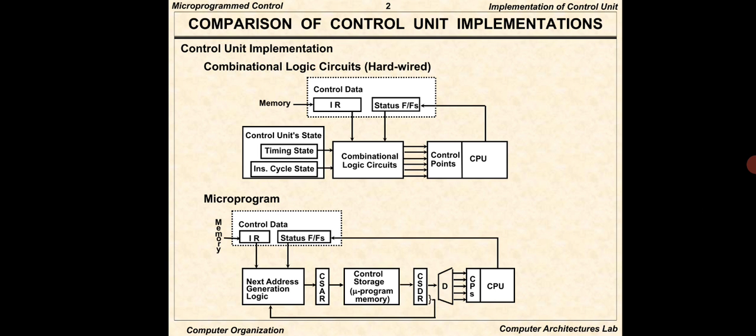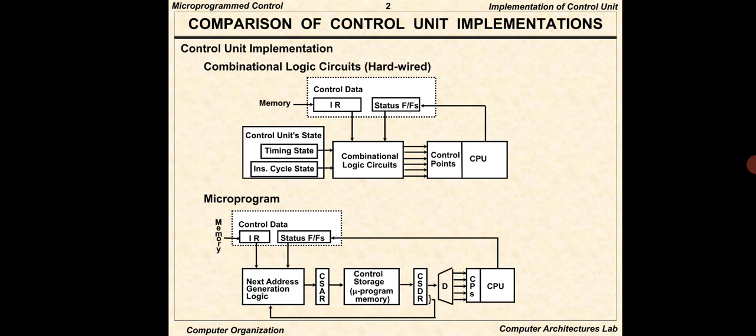What do you mean by timing state? A timing state gives you the timing information. This timing state synchronizes the cycle from one instruction to another instruction. We require synchronization so that at the same instant of time the instruction cycle starts its execution.